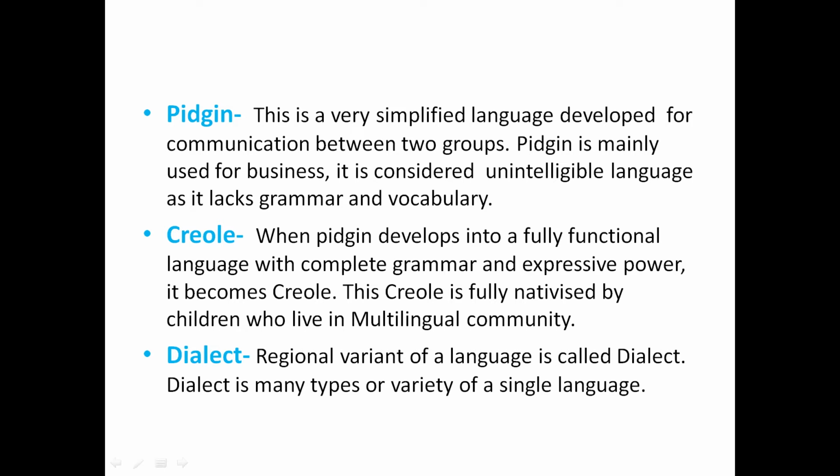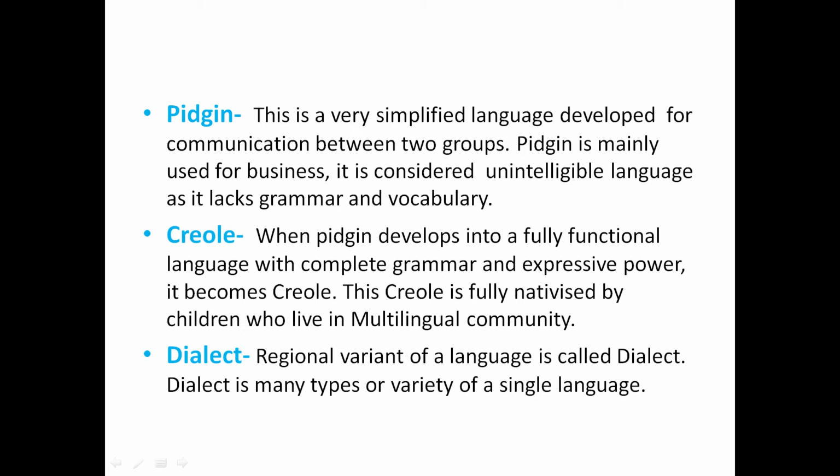For this Creole, they have a complete grammar and expressive power, and we can call it a cultured language or a developed, educated language. So this Creole is mainly developed by small children who live in a multilingual community.